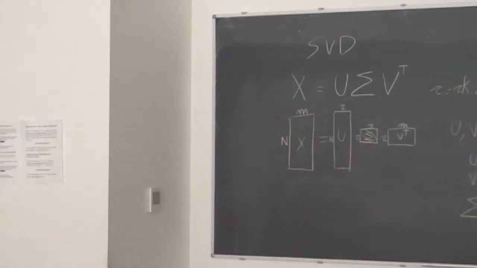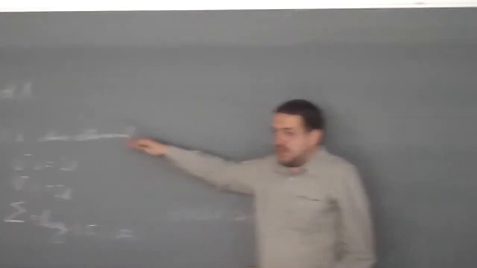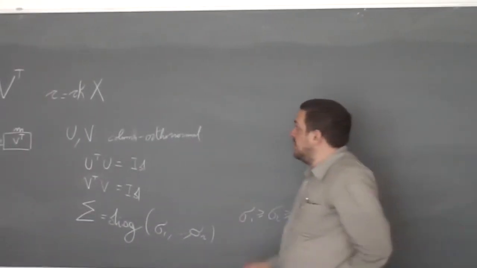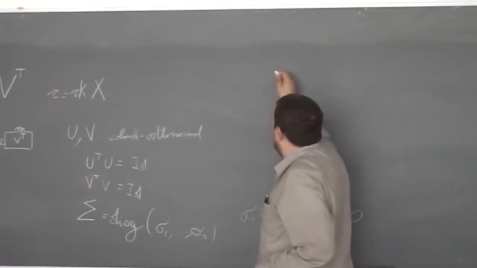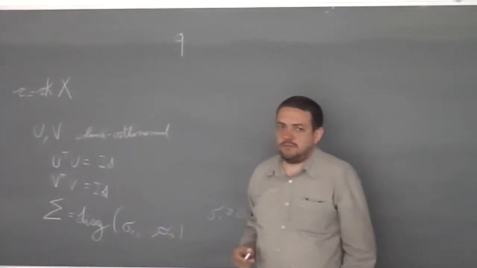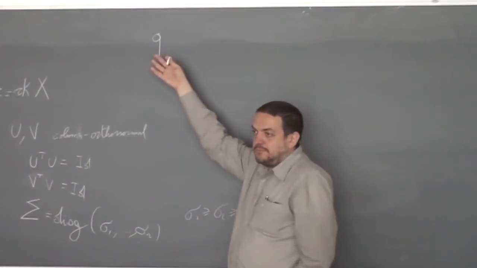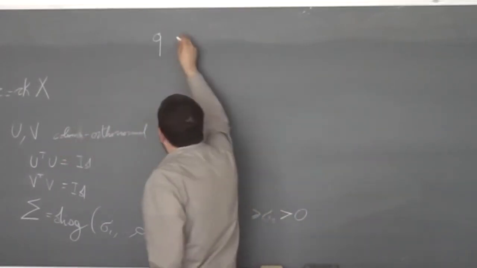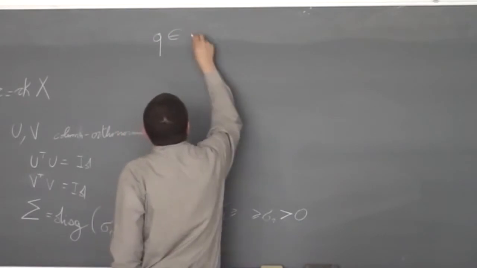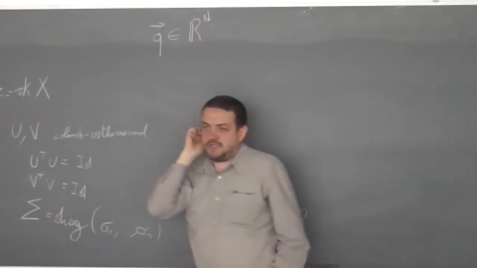And finally, the main application of this is, okay, suppose that we have a new document, Q. A new document might as well be a query in our search engine. So it's something that sits in Rn, a vector in Rn.